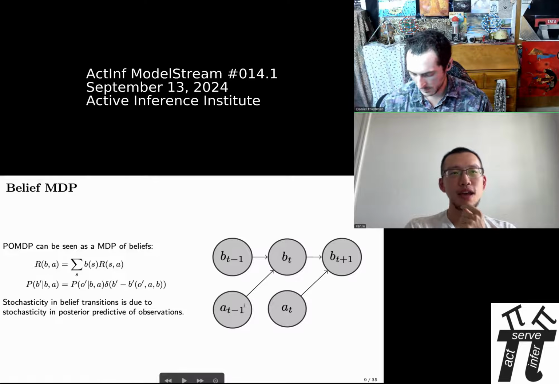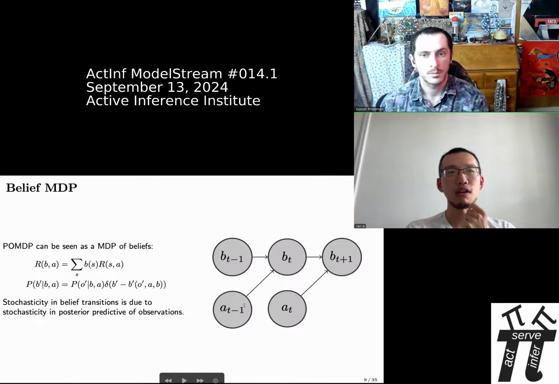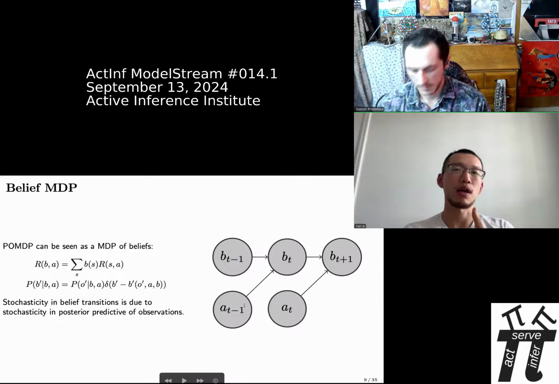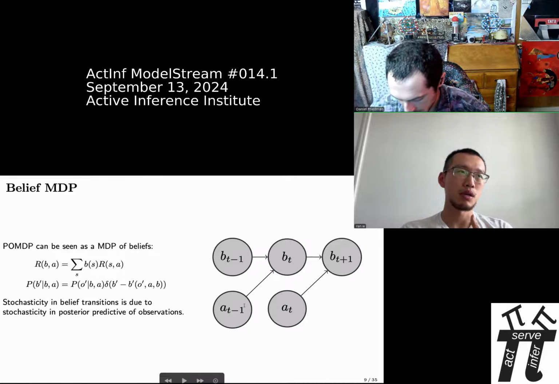I think over the years, the meaning of deep has shifted. Now within the active inference community, deep means having multiple levels of hierarchy. Sometimes it also means planning along a longer temporal depth.